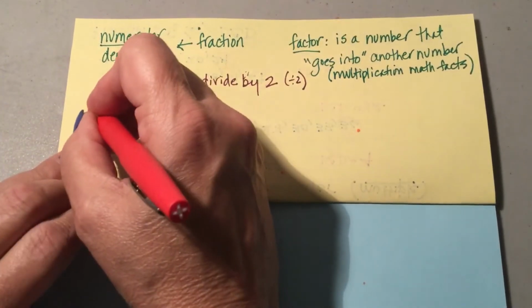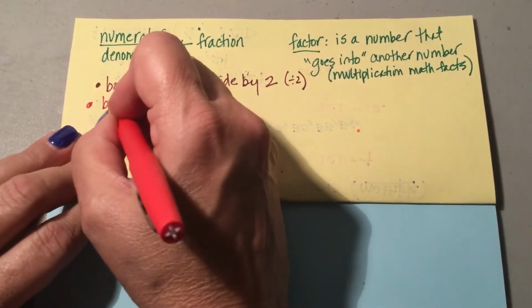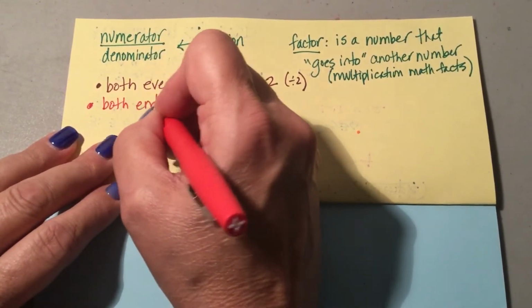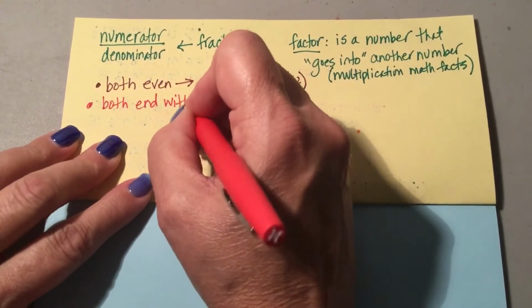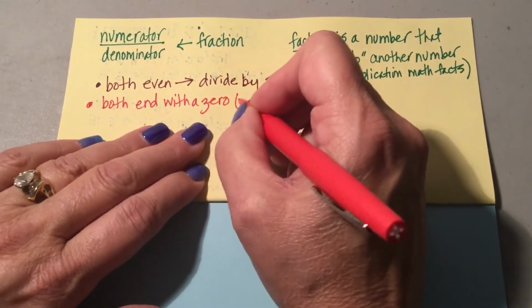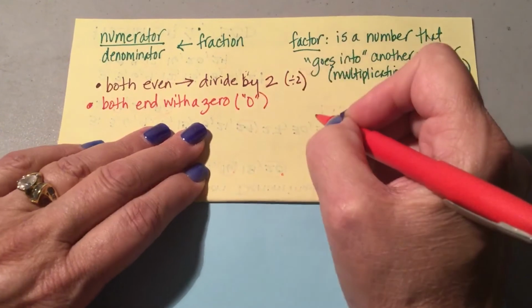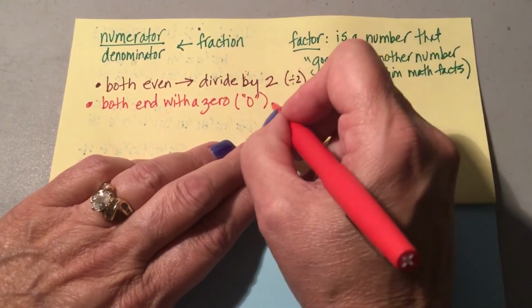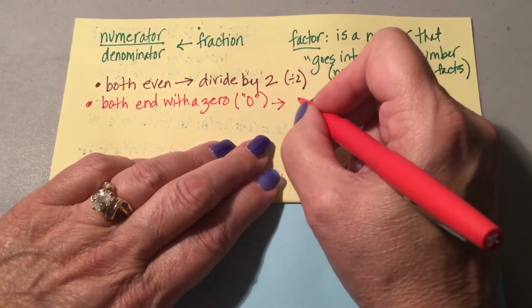Here's another rule. If both numbers end with a 0, okay, if both numbers end with a 0, what we would do then is divide by 10.